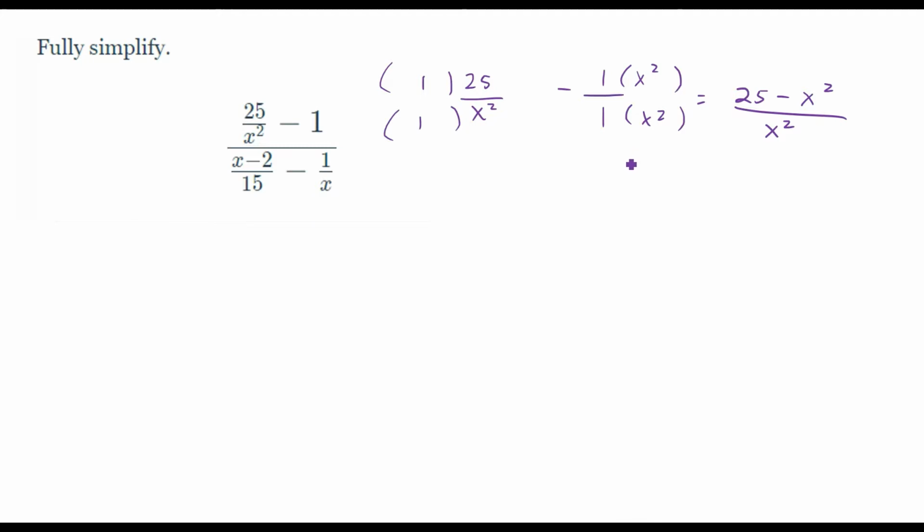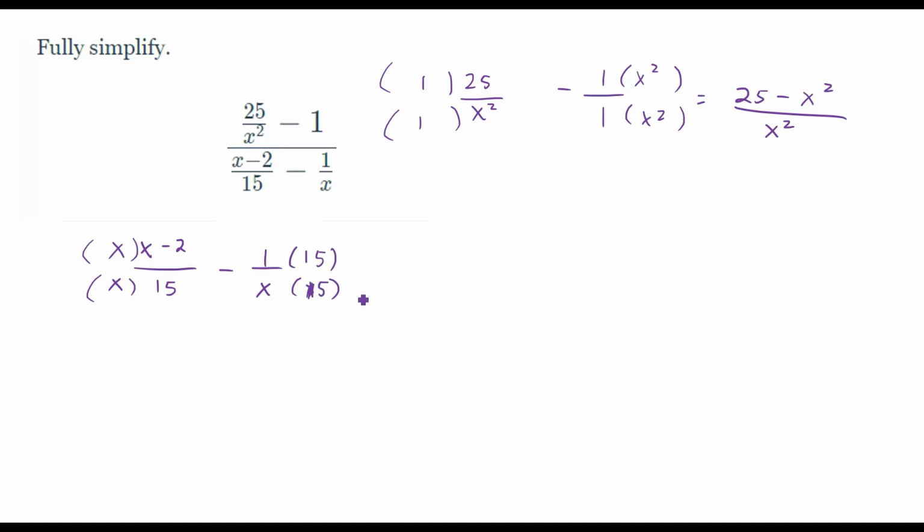Alright, and then we're going to do the same thing for the bottom values. So we have x minus 2 divided by 15 minus 1 over x. I'm going to take that x and multiply it on both the top and bottom here. And I'm going to take the 15, I'm going to multiply it to both the top and the bottom over here. Oops, sorry about that.